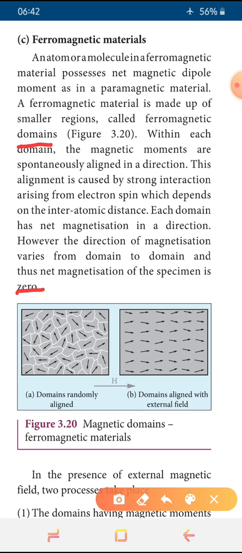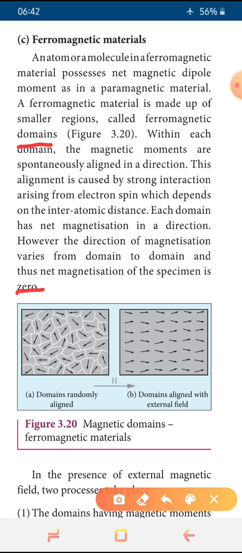So we have to recall its property. The net dipole moment is like a paramagnetic. If we understand the paramagnetic, we can understand this ferromagnetic. Here we are using the word domain. What is the domain here? In this ferromagnet itself, a lot of regions are there, and each region acts as a domain. In the absence of an external magnetic field, these domains have directions in all possible ways.